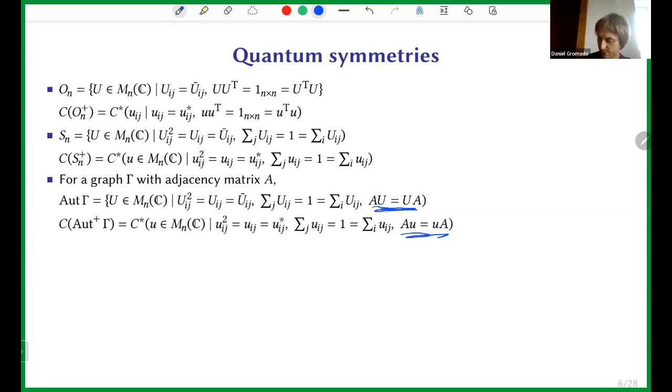So here with this adjacency matrix, it works directly. It's supposed to commute with the adjacency matrix, because we require the action of the group or the quantum group to preserve the adjacency. So it should preserve the adjacency matrix, and therefore it should commute with that.